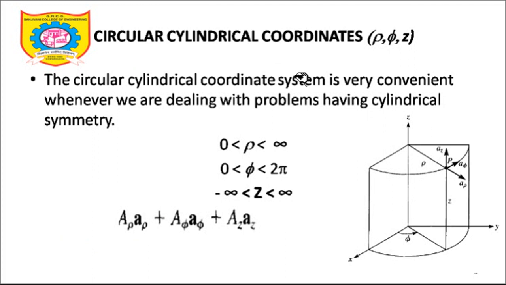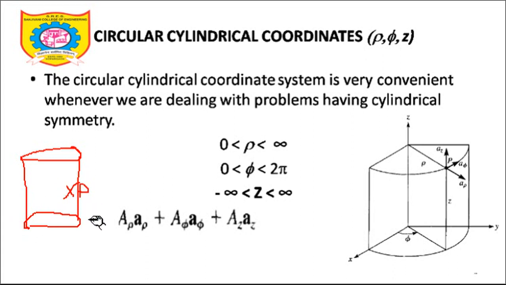Now imagine, because this is difficult for me to show here, let's say I have a certain cylinder. The very raw diagram I am drawing here, and this is any point P on the surface.